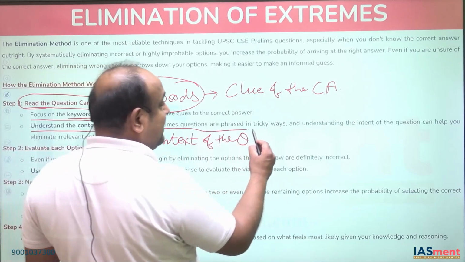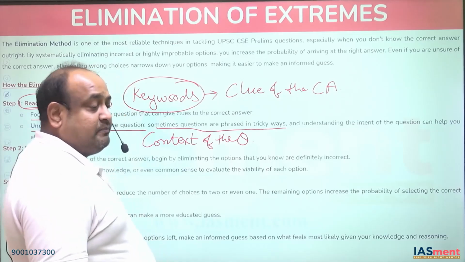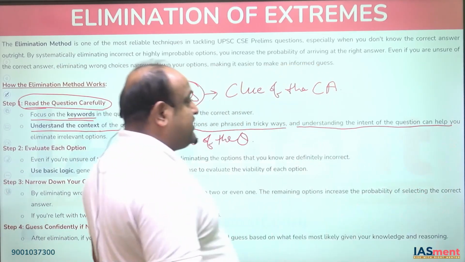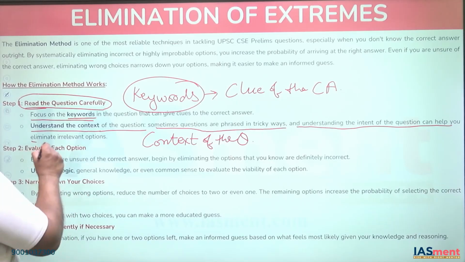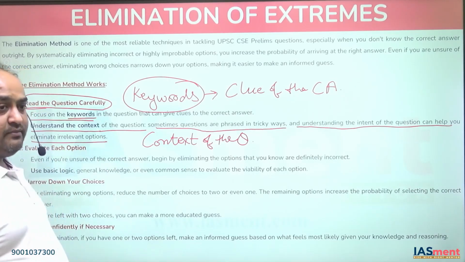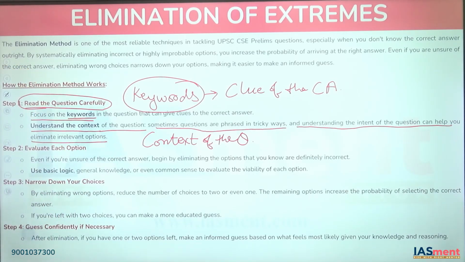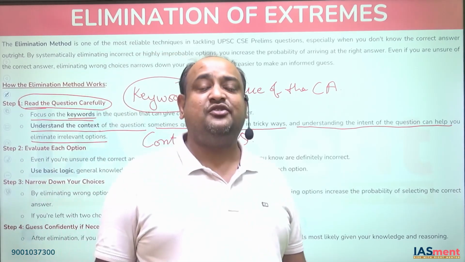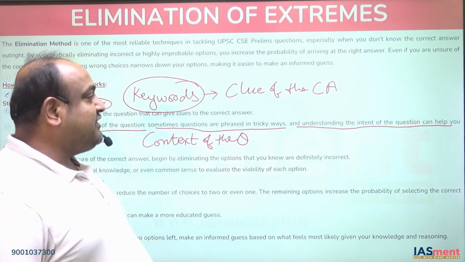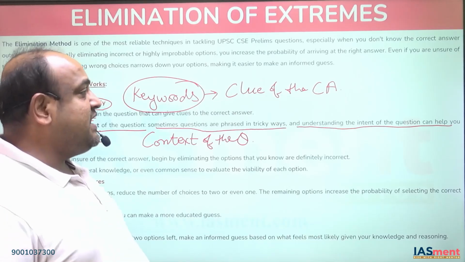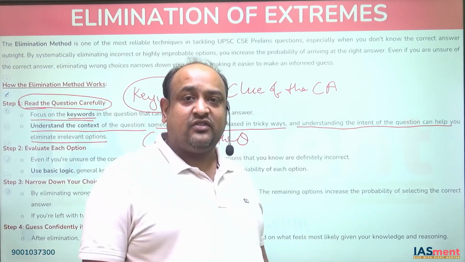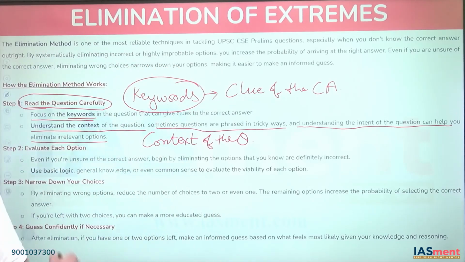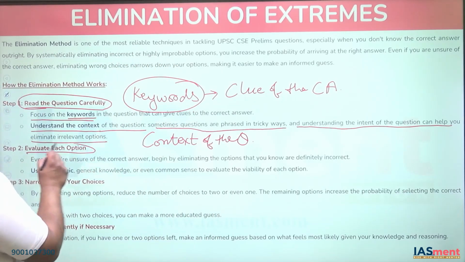Sometimes questions are phrased in tricky ways, and understanding the intent of the question can help you eliminate irrelevant options. कई बार क्या होता है कि कई बार क्वेश्चन को बहुत ट्रिकी वे में सेट किया होता है, and in that scenario, understanding the intent of the question can help us reach the correct answer. All right.